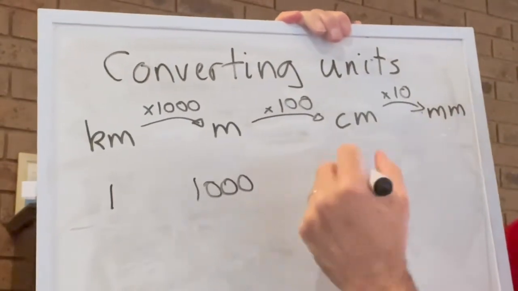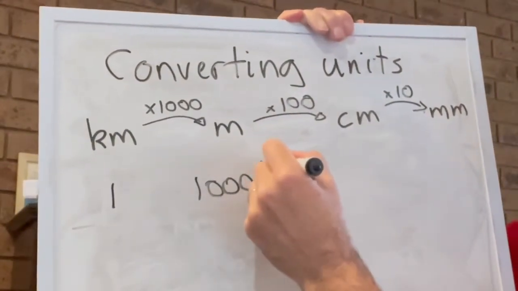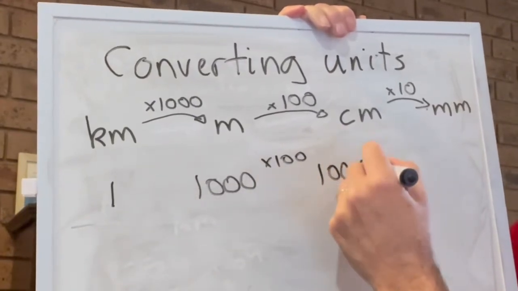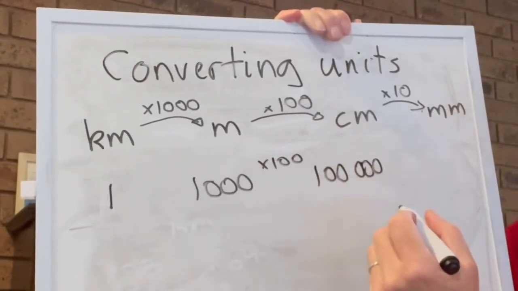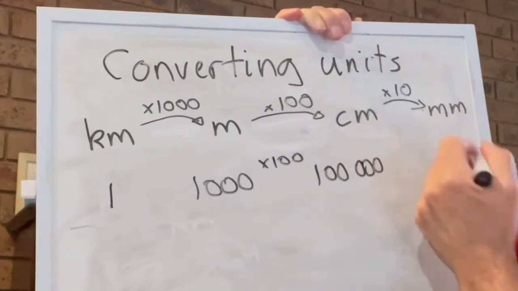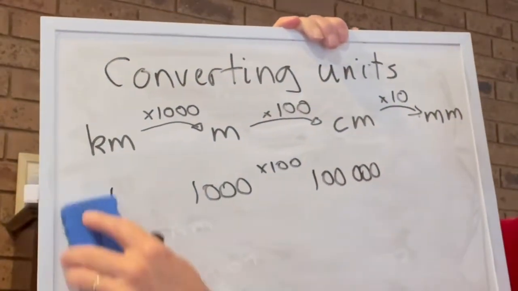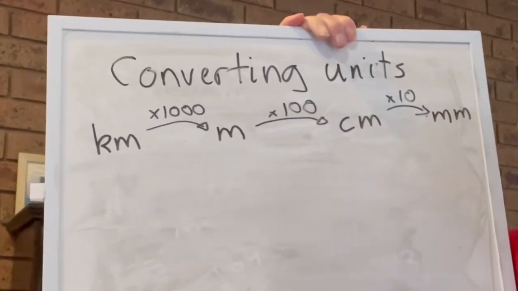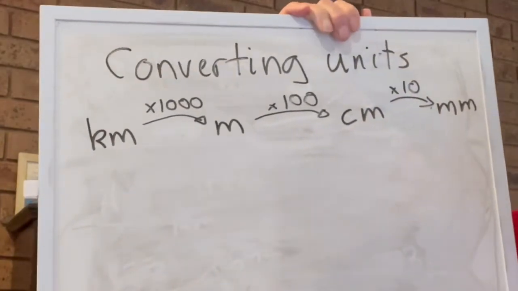So this would become times 100 and become 100,000. And then times 10 to get to millimetres.